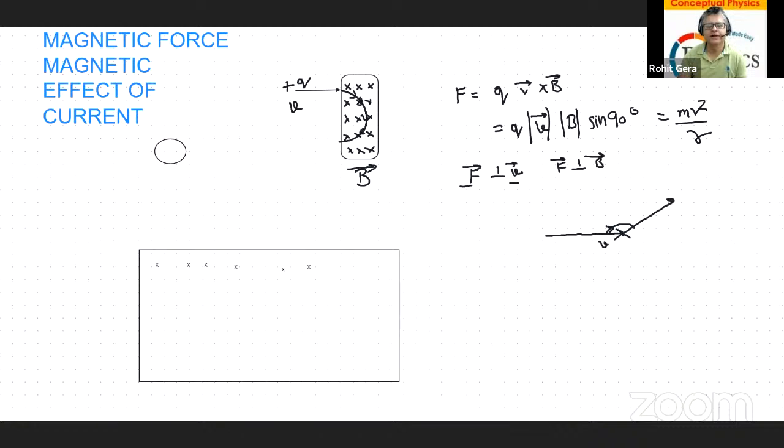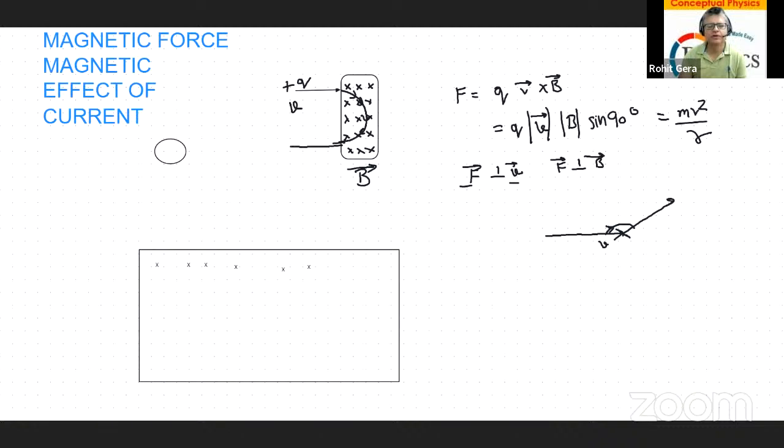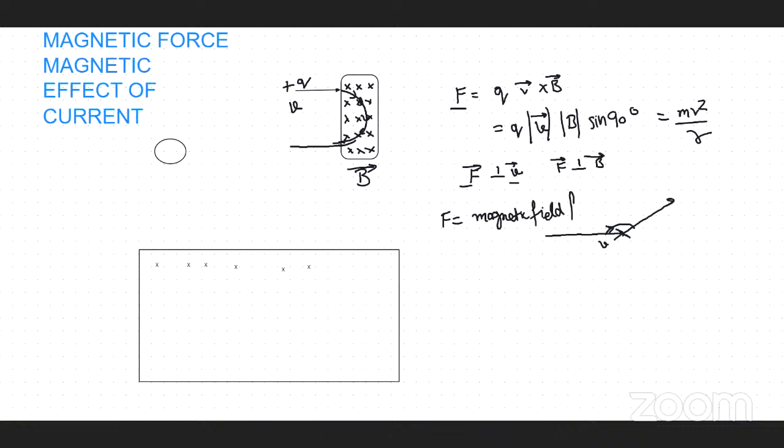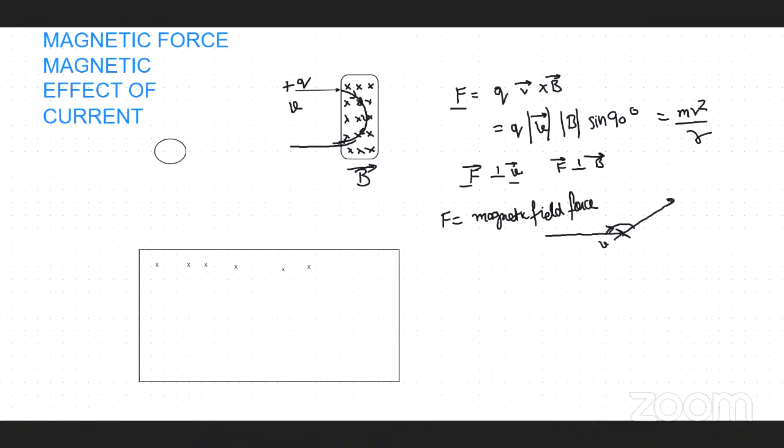So if you find that you are entering a magnetic field at a perpendicular direction, you will start moving in a circle, and you will come back without change in velocity, because this magnetic field force does no work. It does no work because it is perpendicular.